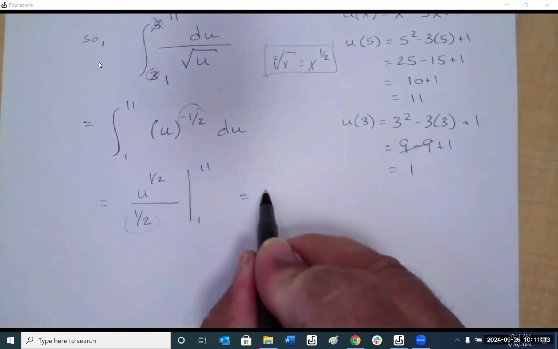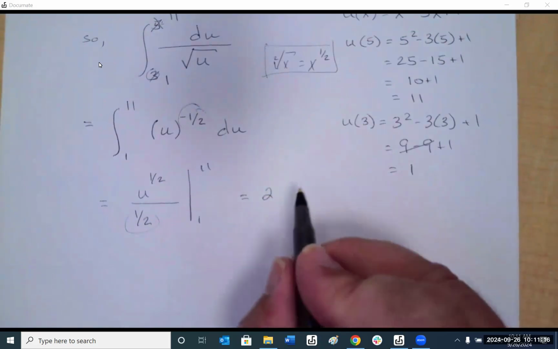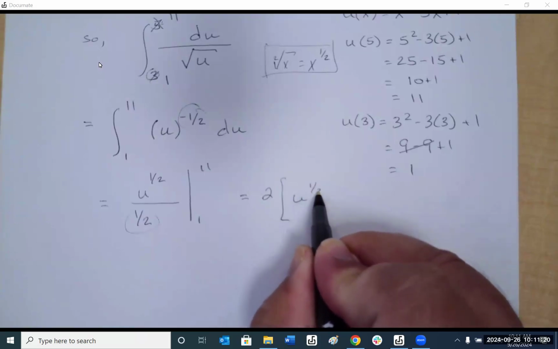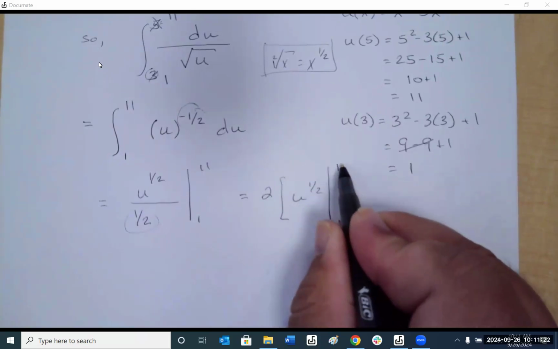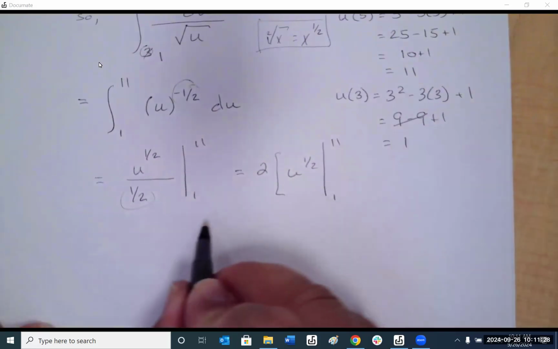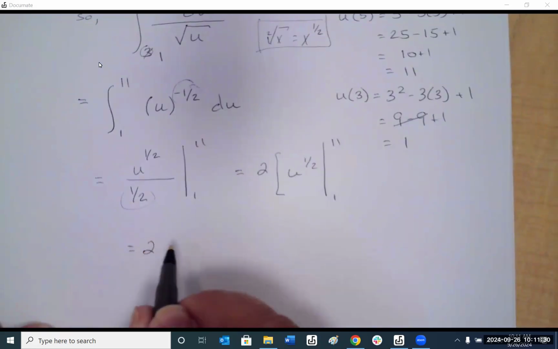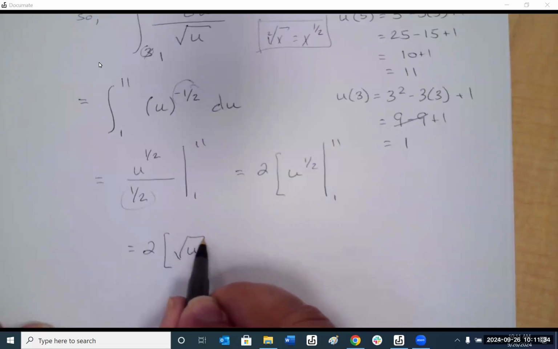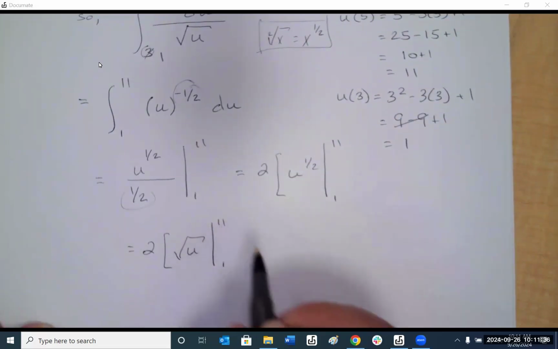So this 1/2 becomes 2. 2u to the power 1/2 from 1 to 11, which is the same thing as 2 square root of u from 1 to 11.